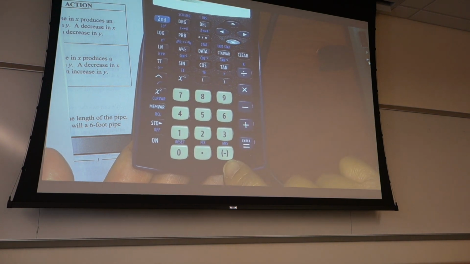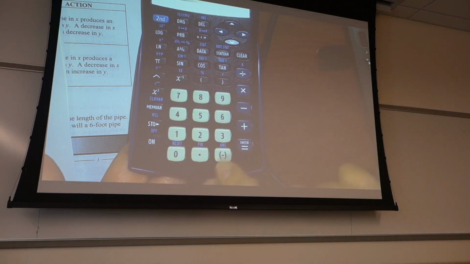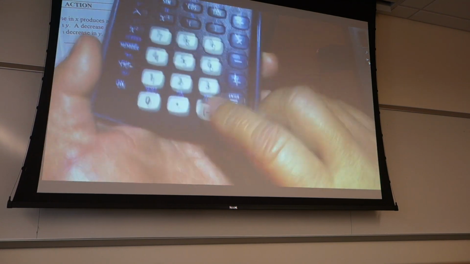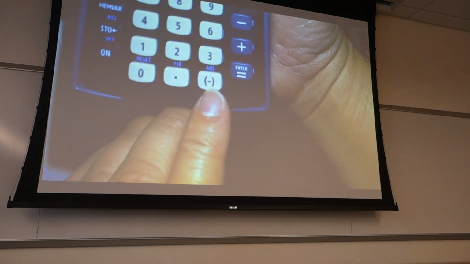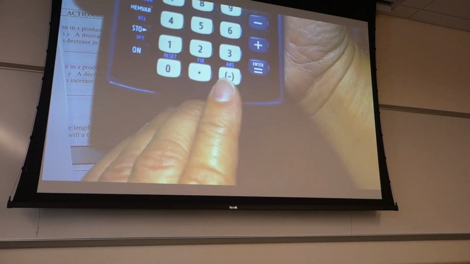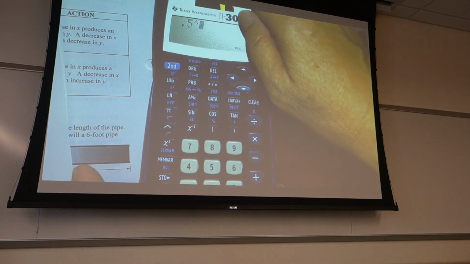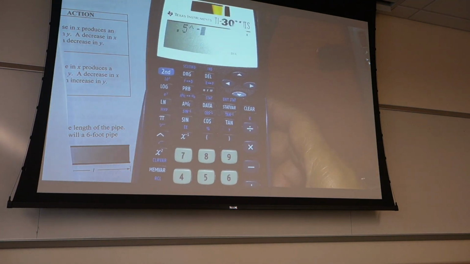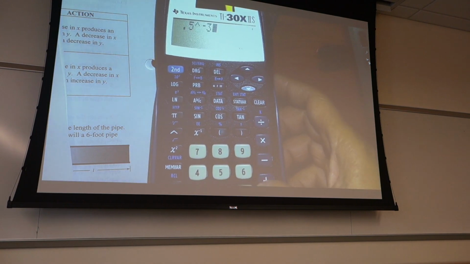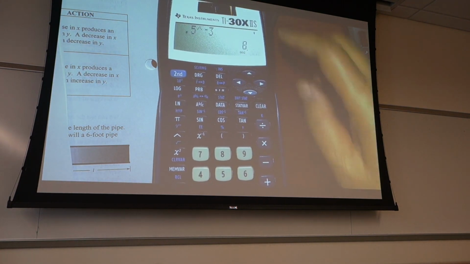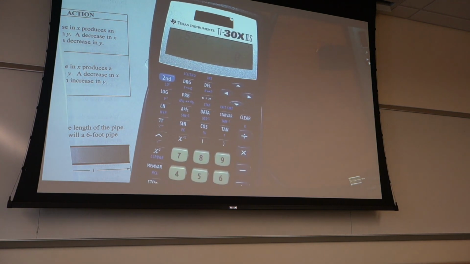You do this one in parentheses, down here at the very bottom. This is how you get a negative sign on these TI 30s. So I want raised to the negative 3. Bam, 8. Those are great. Love these.